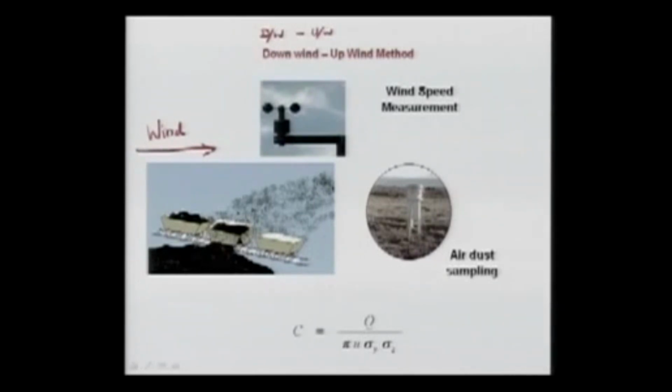This side is your downwind, and this side is your upwind. The emission is impacting this side, so you can measure the concentration here. Let's call this concentration C1. You can also measure the concentration on the upwind side by putting a device here, and let's call this C2.